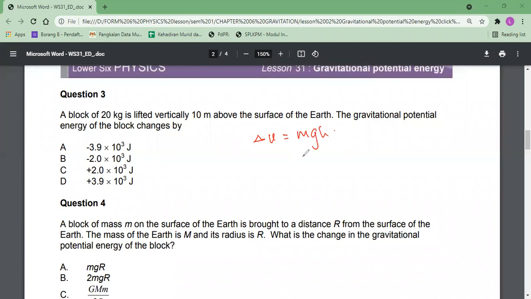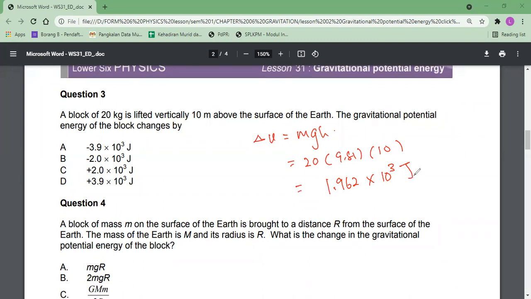The mass is 20, g is 9.81 or use 10, and h is equal to 10. Let's calculate 20 times 9.81 times 10. It will be 1962, which is equal to 1.962 times 10 to the power 3 joules.